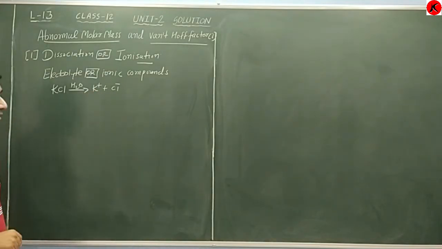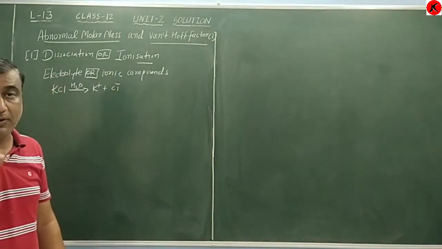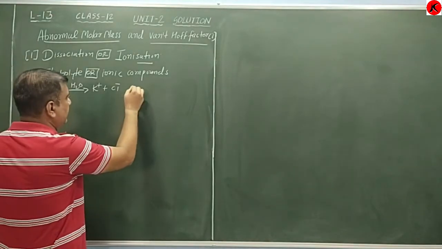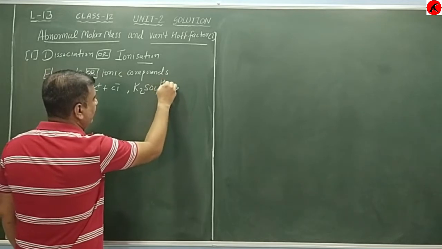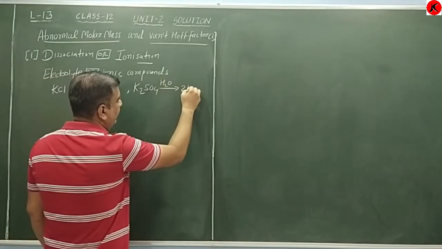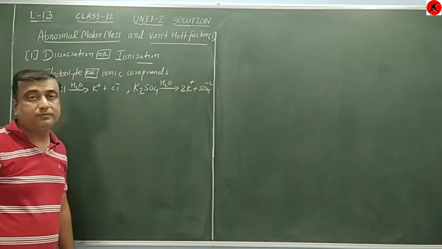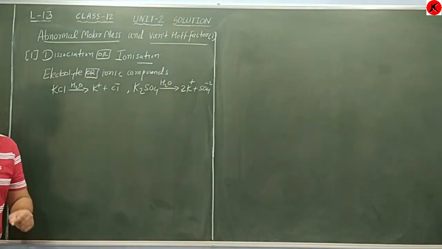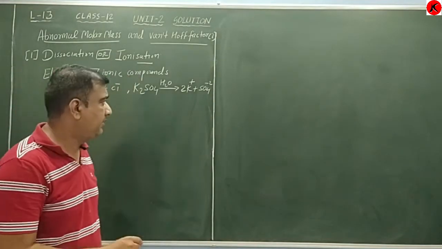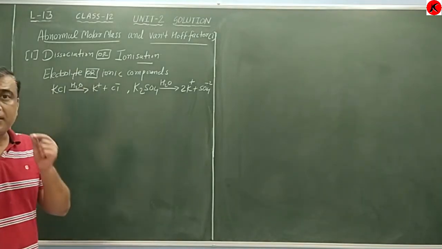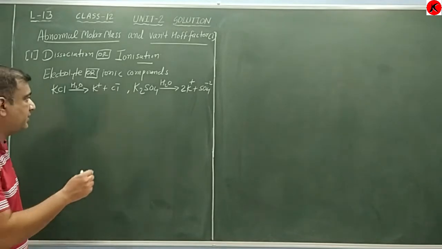Here one molecule of KCl produces two ions, K plus and Cl minus. Similarly with K2SO4, when dissolved in water, it gives 2K plus and SO4 2 minus. That means dissociation or ionization both have the same meaning, and the number of particles in solution increases.